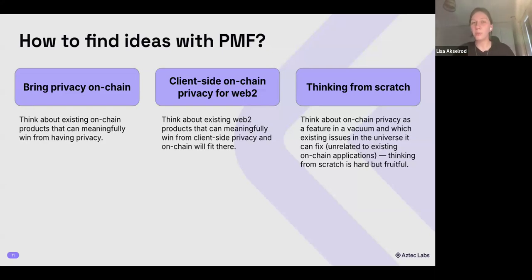This approach from a product perspective might be a bit arguable, because often people say that you first need to take the problem or the pain, and then you need to solve it. But we are dealing here with an emerging technology, both blockchain and zero knowledge proofs. And sometimes emerging technology goes faster than the market goes. So I think that in our case, this approach is also viable.